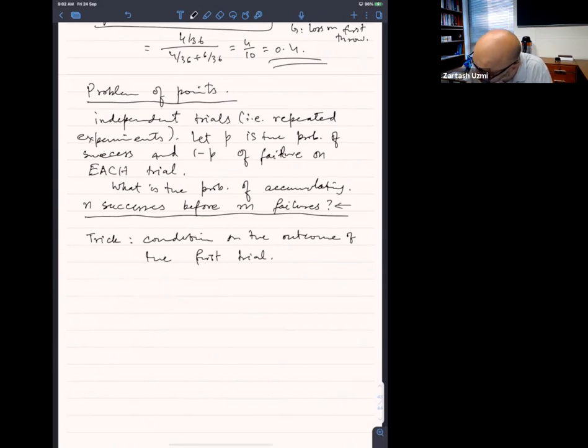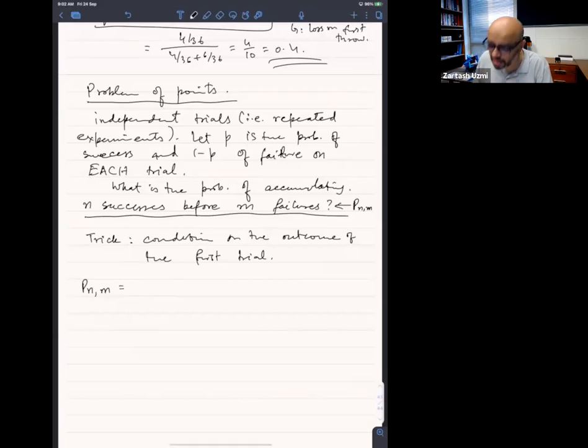Let me define this to be an event. This probability is, let's say, P of n and m. P of n and m is the probability of n successes before m failures.